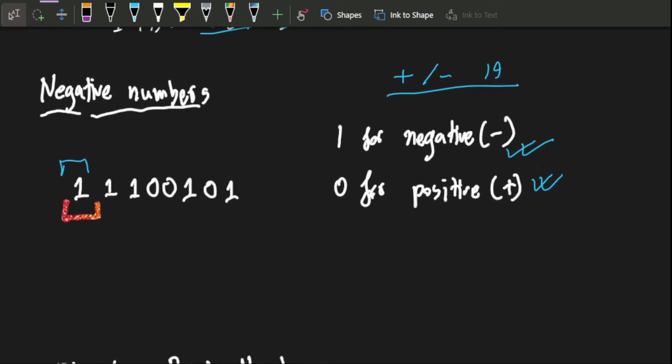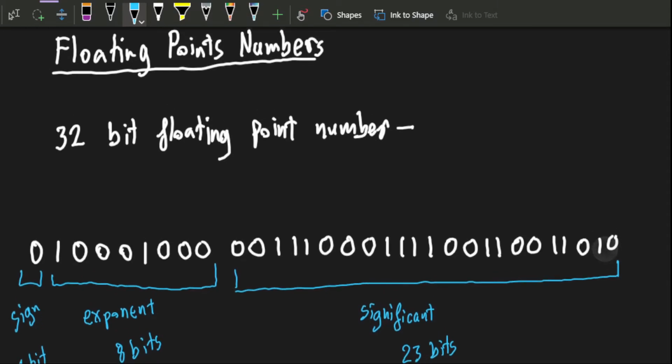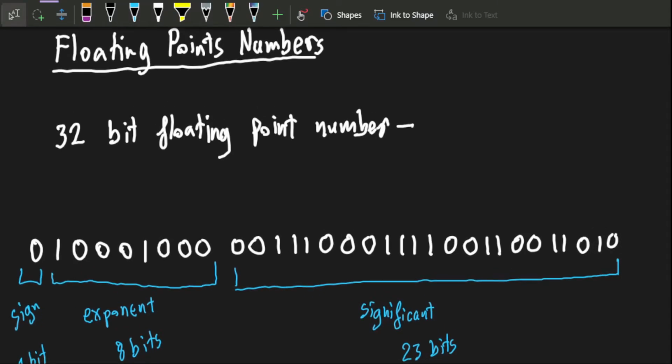But what about if I want to represent something like 3.34? How would this point be dealt with in binary? So then came the concept of floating point numbers. The floating point numbers normally use, as I've said before, 32 bits to represent all of the possible numbers.